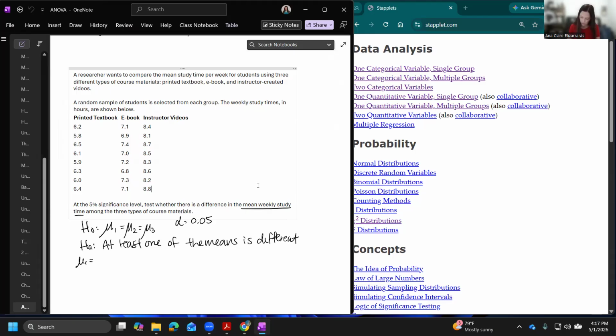is the true population mean weekly study time for students using a printed textbook.